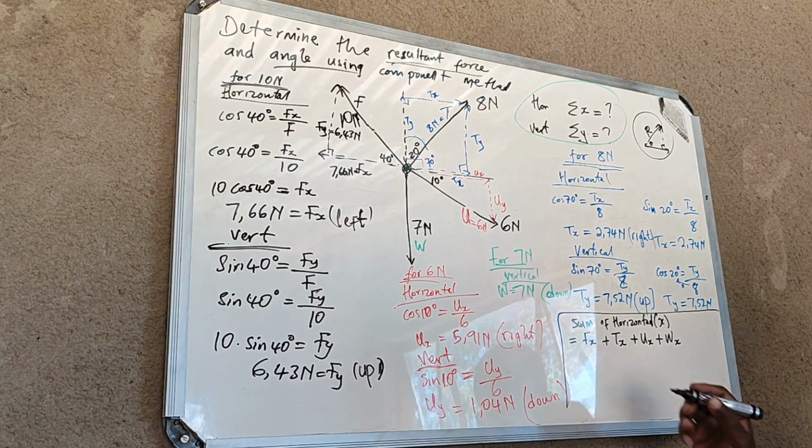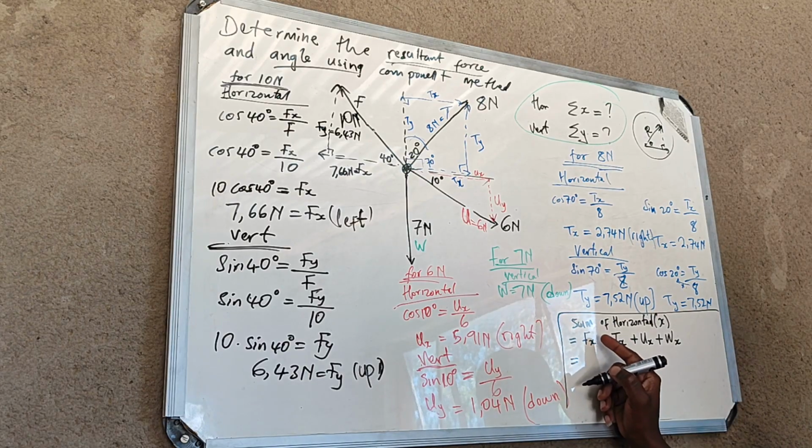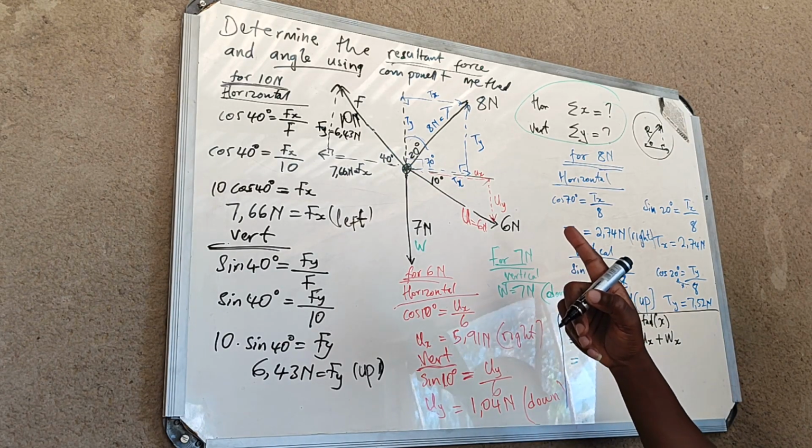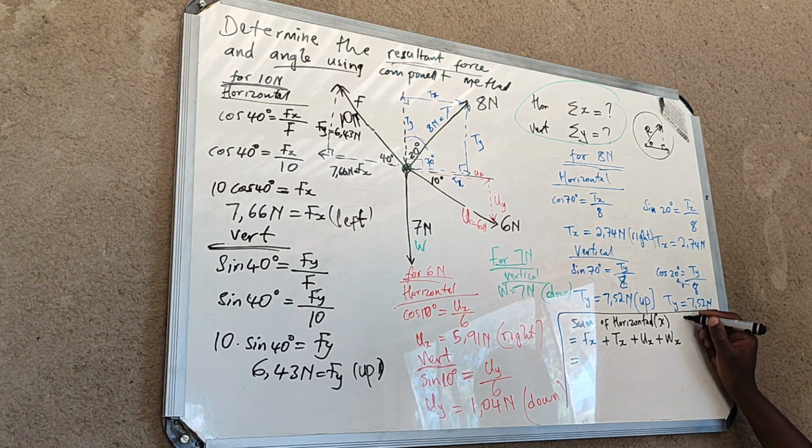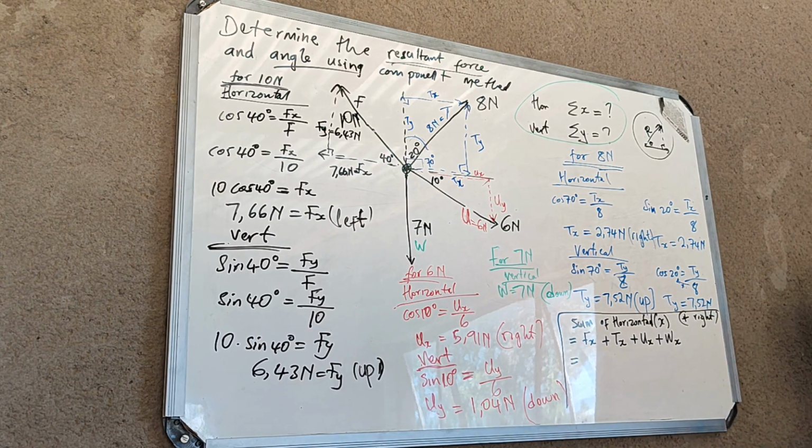Okay? Right. Now what is F of x? Is Fx going left or right? So now that's when you need to pick your direction, okay? Then you say positive is right, so that you see what's happening. Alright, Fx is going where?